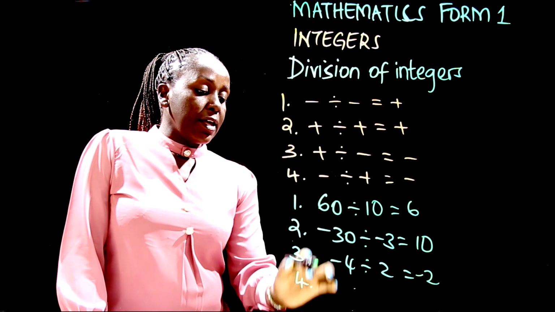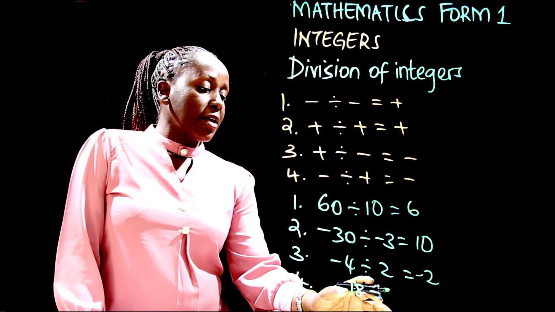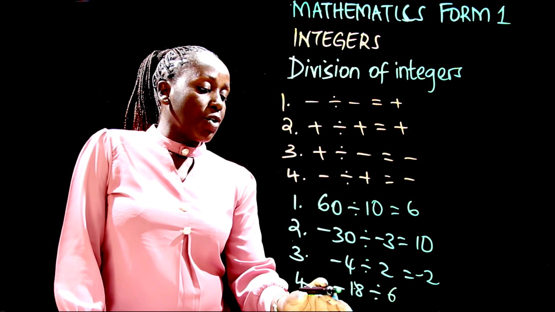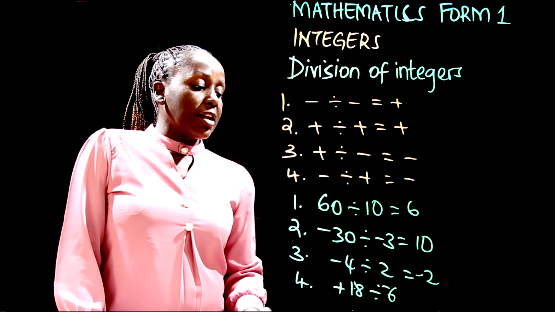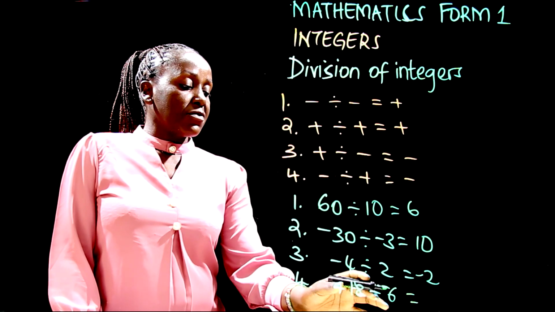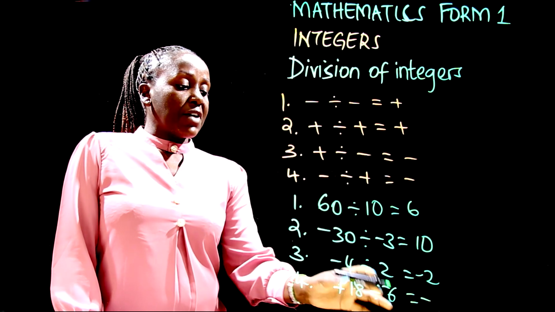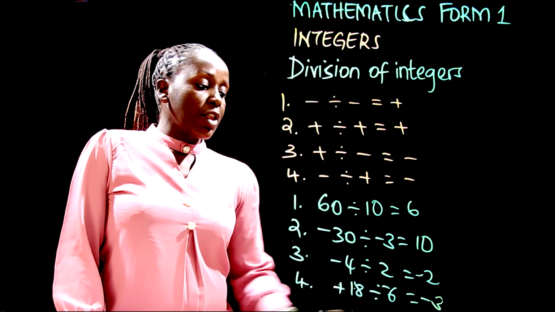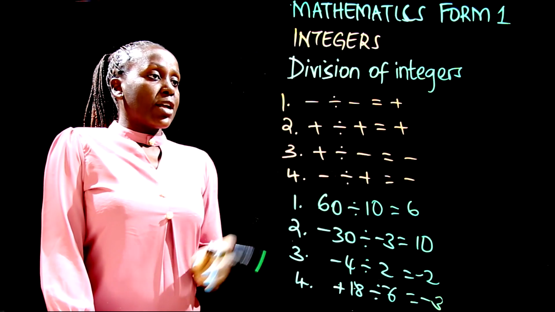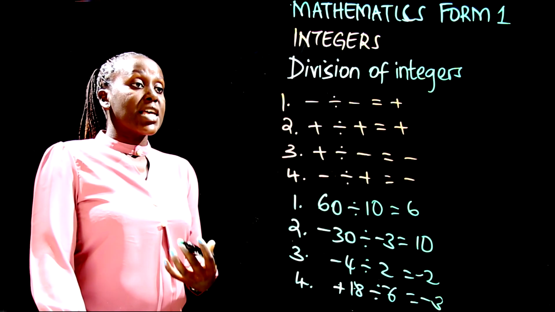Then finally, positive 18 divided by negative 6. This will be equal to, positive and negative gives you a negative answer. 18 divided by 6 is 3. So as long as you follow the rules, then multiplication and division of integers is quite easy.